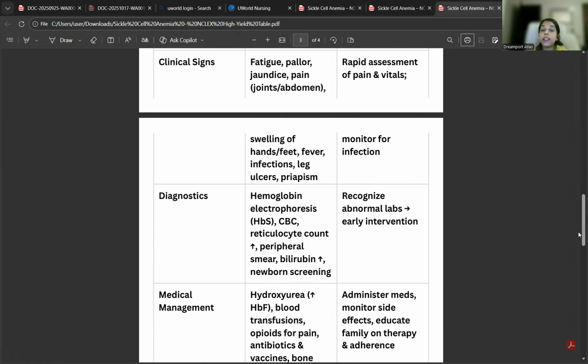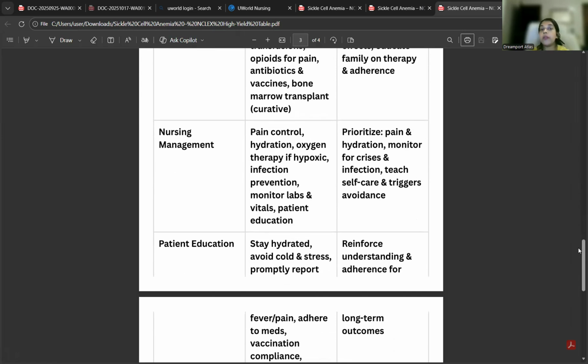If the client is experiencing severe pain, we can administer opioid analgesics. To combat infection, the client needs antibiotics, and vaccinations to prevent some infections, and bone marrow transplantation also. Bone marrow transplantation is the curative treatment for the client with sickle cell anemia.